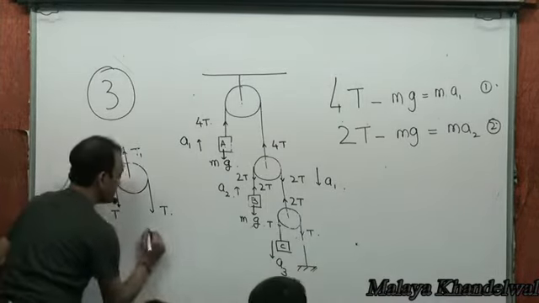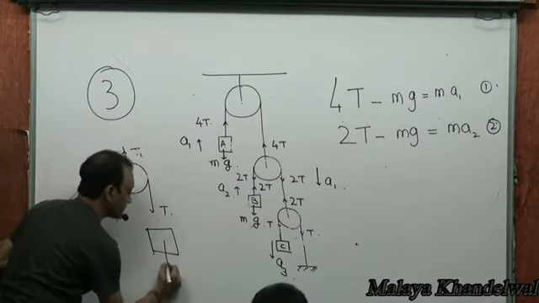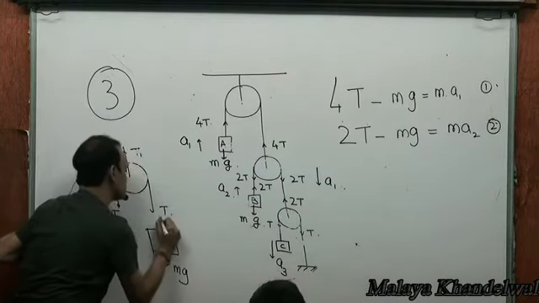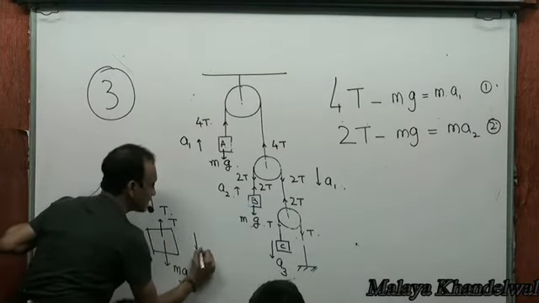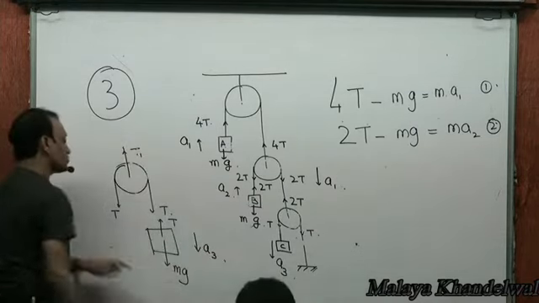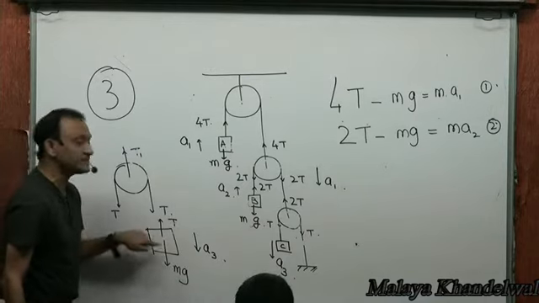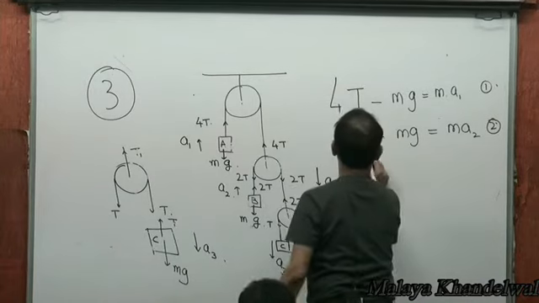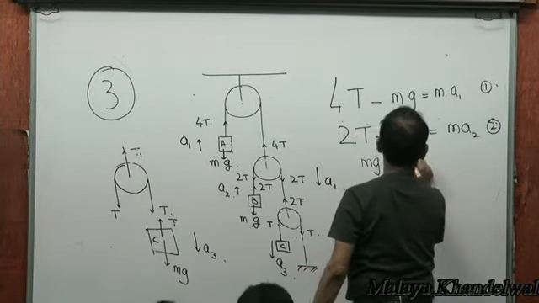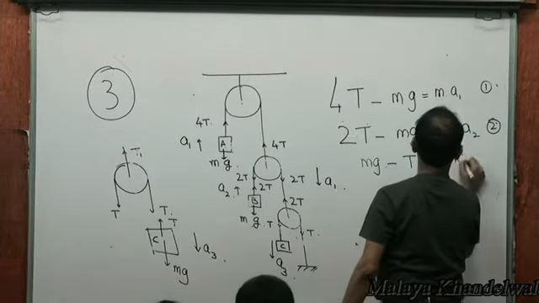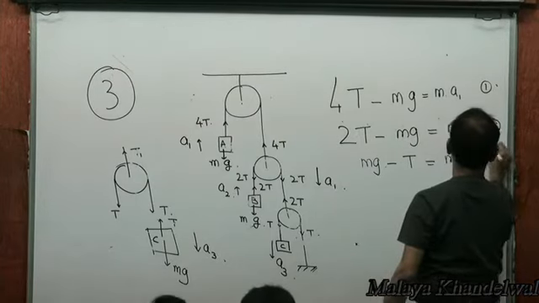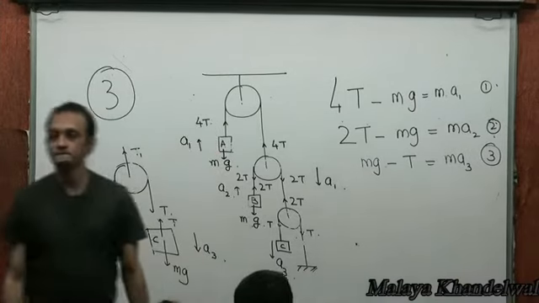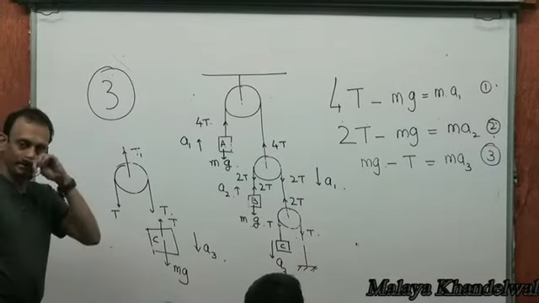For C, there is mg, there is T acting upwards, and there is A3 downwards, right? So that's going to be mg minus T is ma3 for C. Right? Clear?